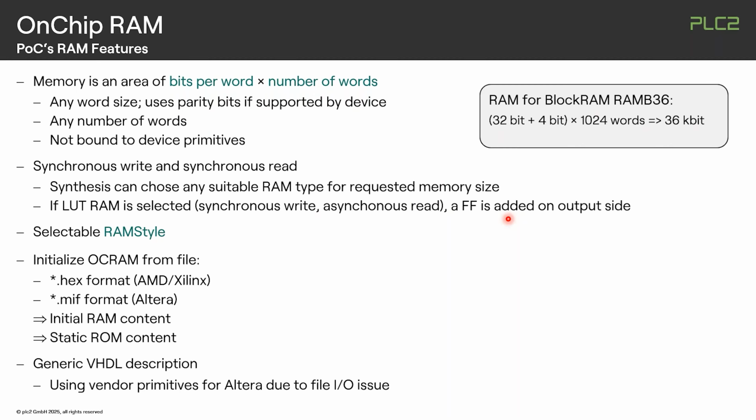This means, as I said, we can initialize RAM content itself. We can also use this for static ROMs to initialize them. And the VHDL description is usually generic, except for some parts for Altera due to the file I/O. So we are using here primitives that we can hand over the file name to an alt-synchram module inside, which is then capable of reading MIF files.